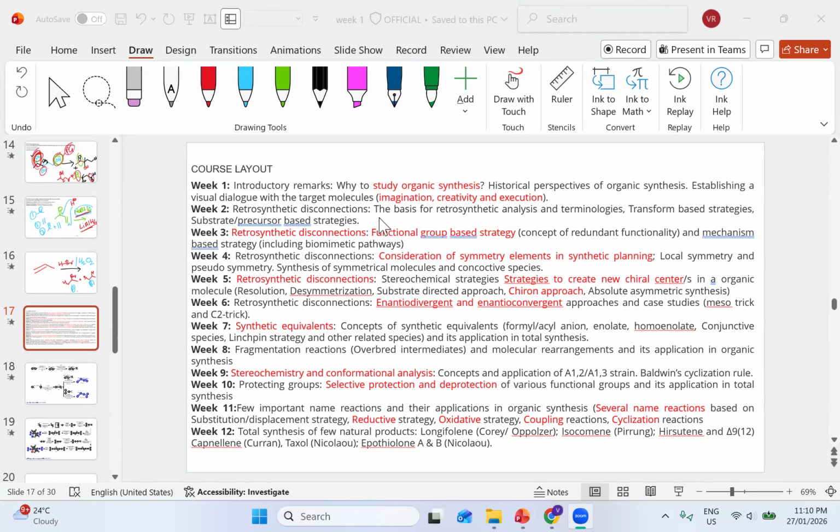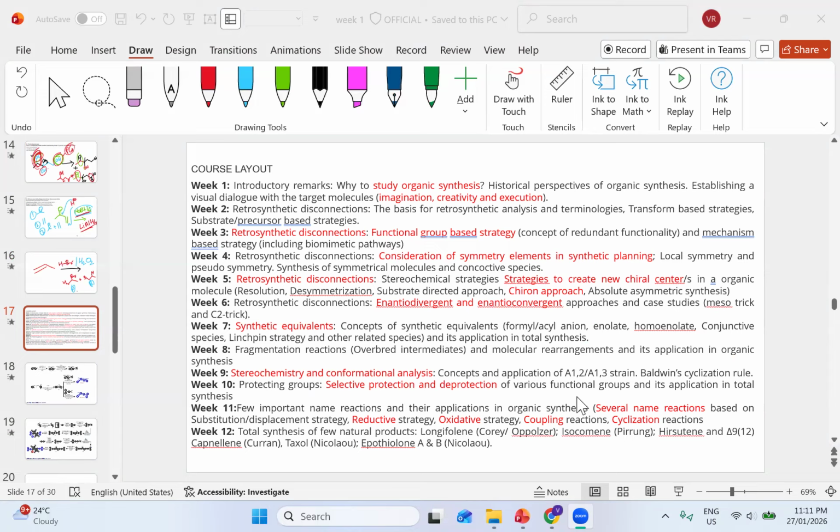And also, if you want to learn more about organic synthesis, I have added some reference books in the Google Drive, and I hope you have the link for that.